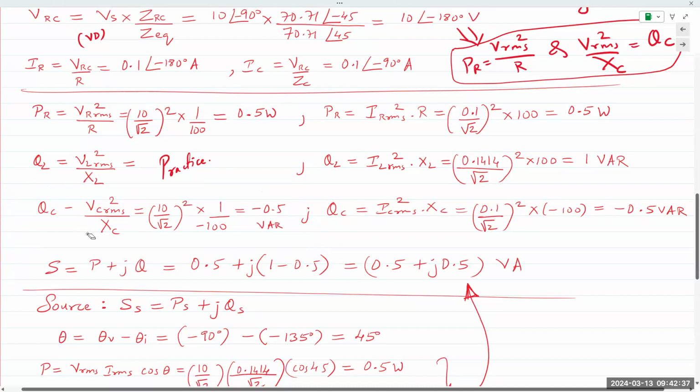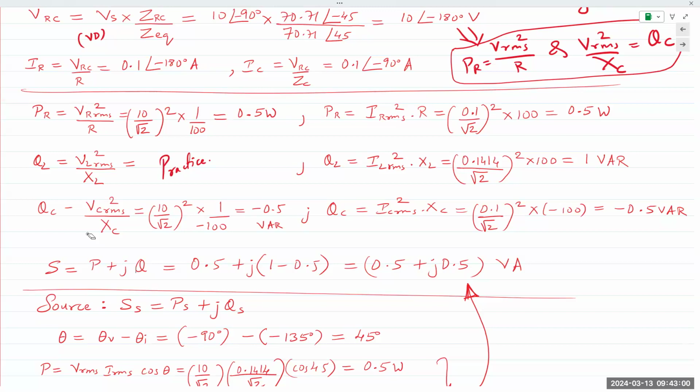Do not use the magnitude directly. Anytime you use the equations V square over R or I square over R, it has to be the RMS values. The RMS value, again, chapter 5, is still that peak values are √2 times the RMS values.